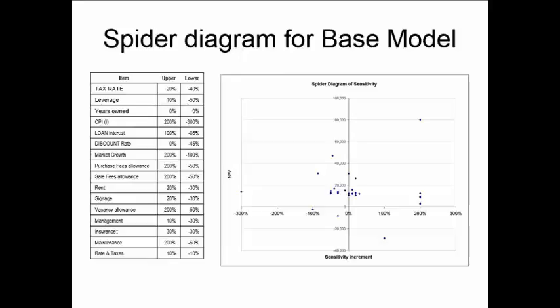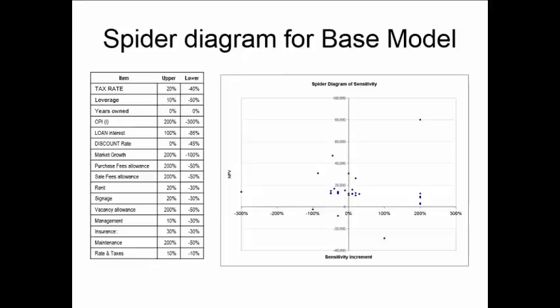And we have the increase and decrease that's expected in the upper and lower possibilities of these various variables. In the case of tax rate, we consider that taxes may increase by perhaps up to 20%, or perhaps they might reduce by 40%. And this gives us the optimistic and pessimistic bounds.